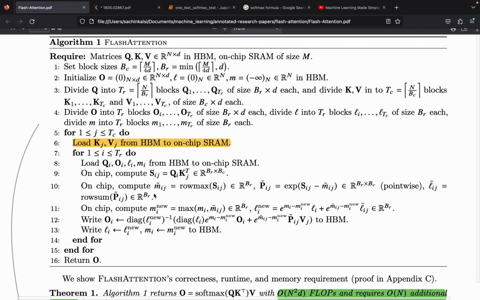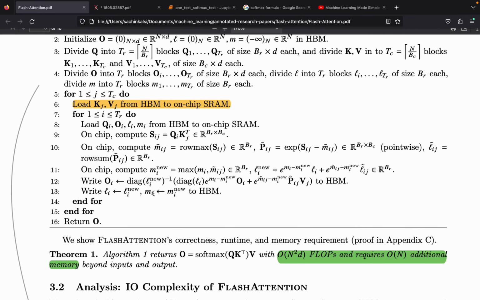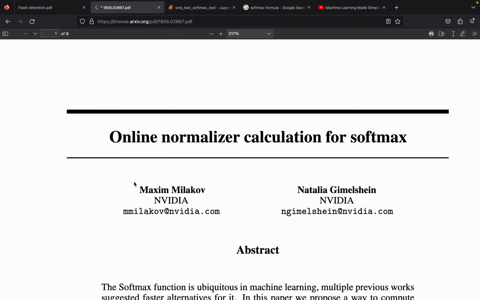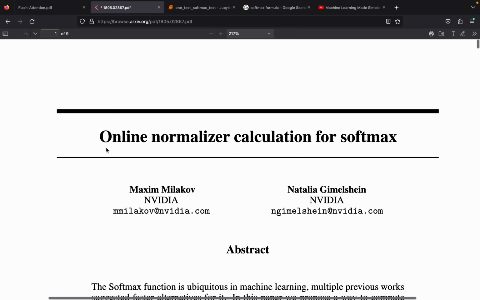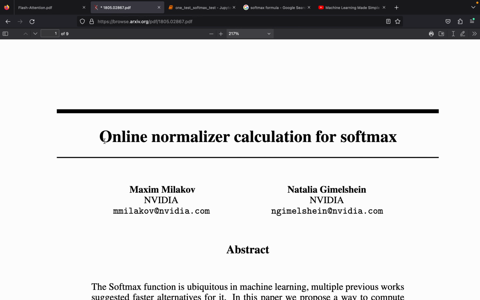There is another paper which was released, which I feel is the basis for this algorithm. That is from NVIDIA. It is called Online Normalizer Calculation for Softmax. This paper is also referred to in FlashAttention, and it is also a beautiful paper.